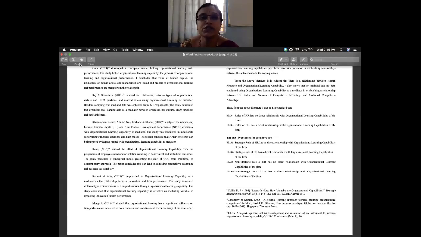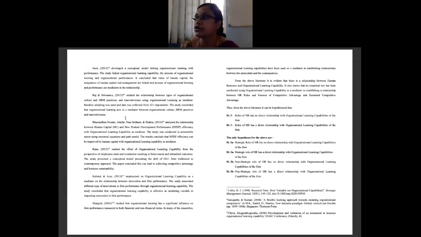What is the difference between a footnote and an end note? Once we use the word footnote, it means that at the end of every page, you give a number against each and every author, and at the end of the page itself, you give the citation. This is called a footnote.